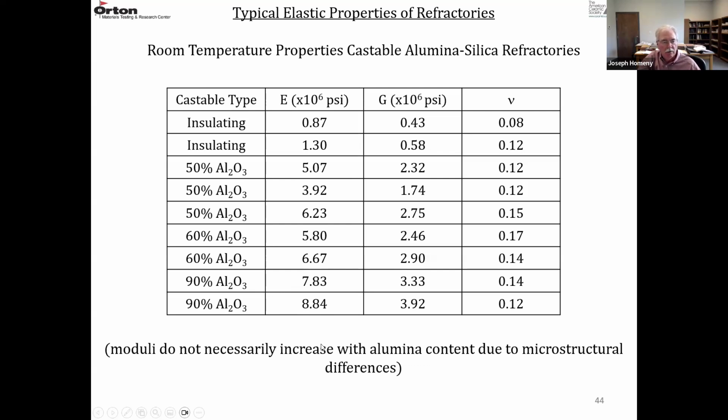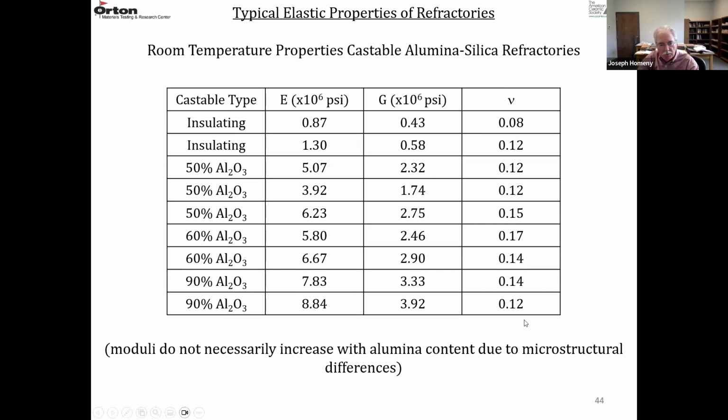Again, it's going to be a function of the microstructure, and these castables are going to be strongly dependent on the particle packing, which is controlled by the sizing of the different particles. But if you look at nu here, it's always going to be between about 0.1 and 0.2.